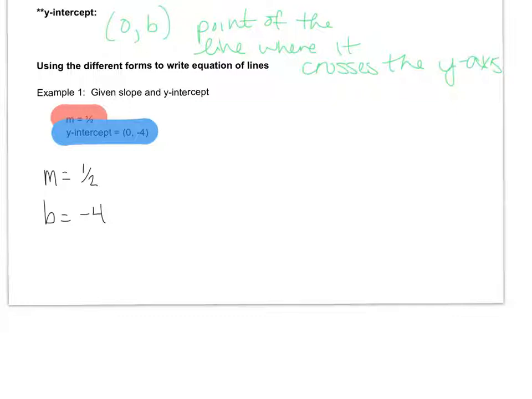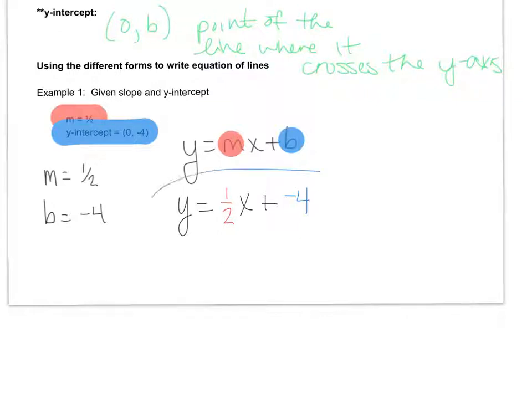I'm going to write down y equals mx plus b, because I'm going to use slope-intercept form since I'm given the slope and the y-intercept. This is probably the most basic form we're going to use. So instead of the slope and the y-intercept, I'm going to plug in my pieces of information. y equals my slope, which is 1/2, times x, plus my y-intercept, which is negative 4.